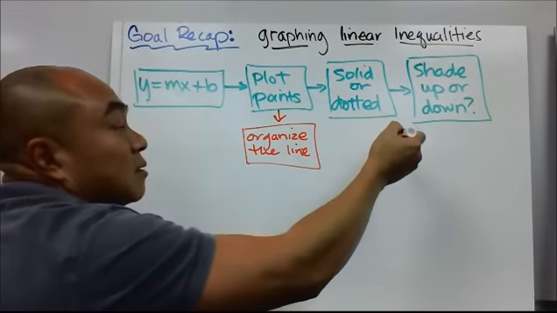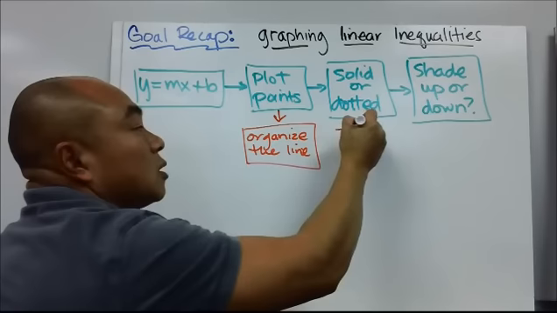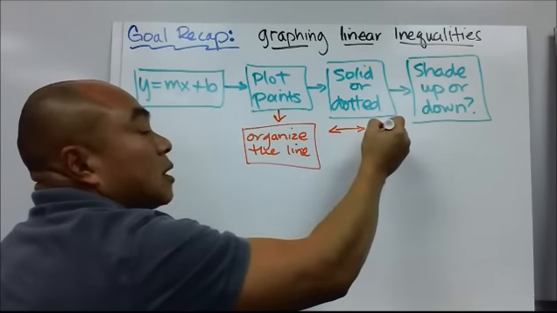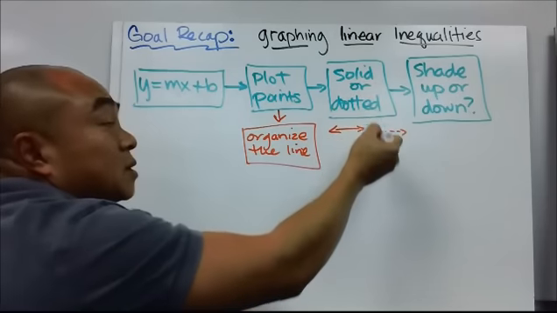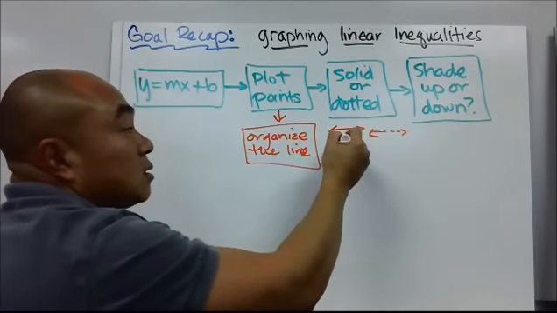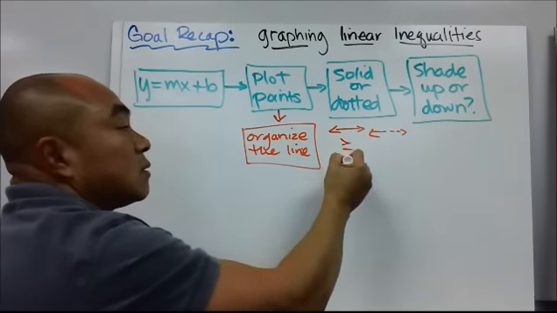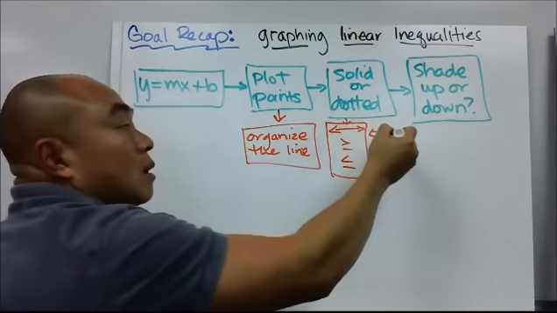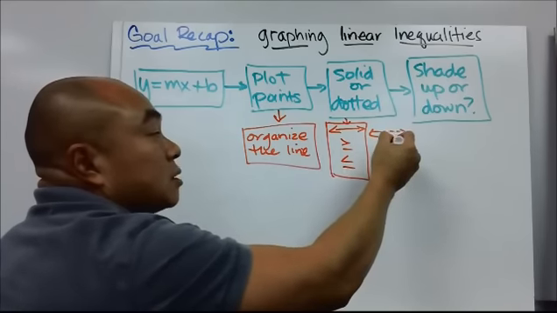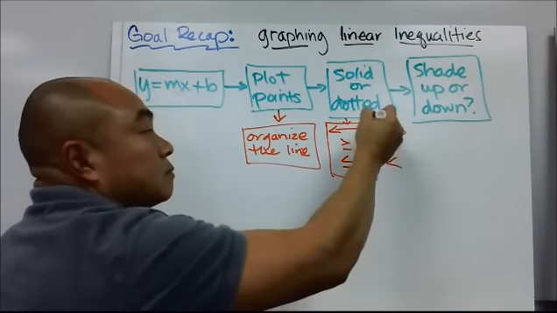Then we're going to decide if it's solid or dotted. So here I'm going to draw a solid, and I'm going to draw a dotted. And what tells us if it's going to be solid? Well, if it's going to be solid, it's going to look like this, or it's going to look like this. And then if it's going to be dotted, it's just going to be that or that.